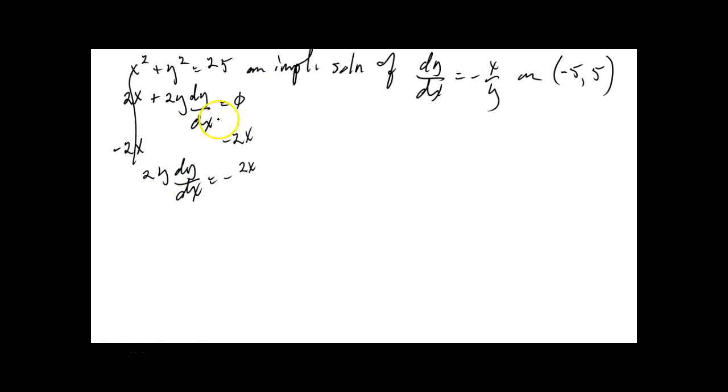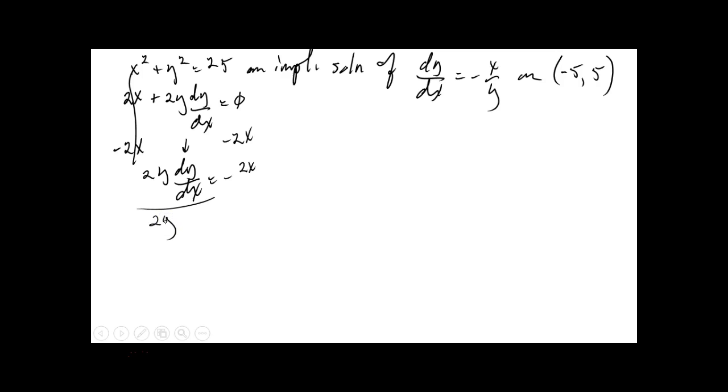Now, to get it to look like above, isolate the dy/dx. How would you do that? Divide by 2y. To isolate the dy/dx, get it alone, the naked dy/dx there.